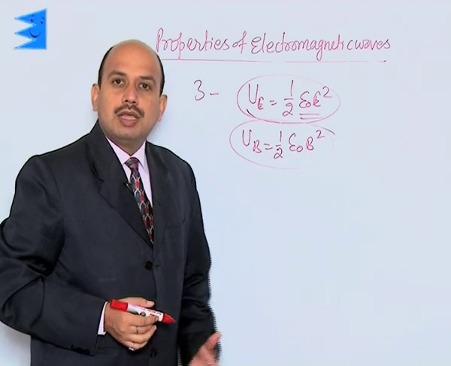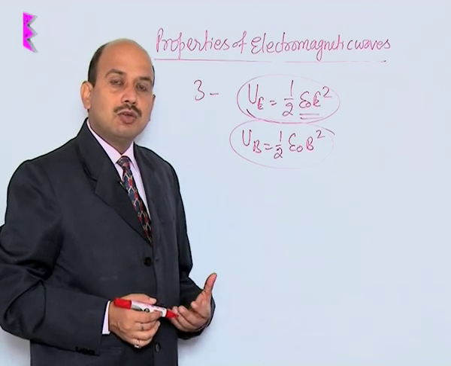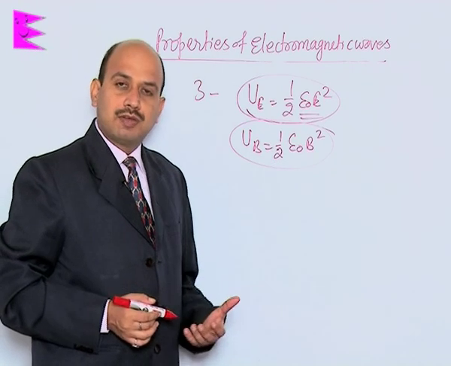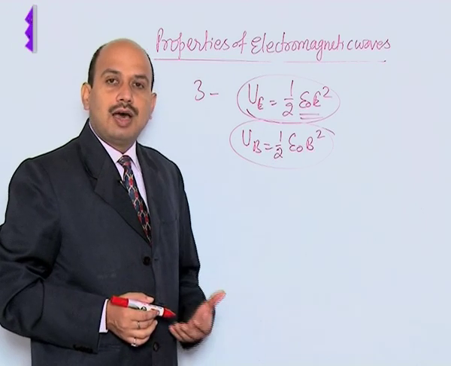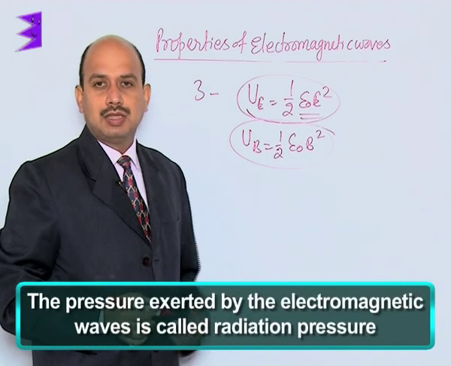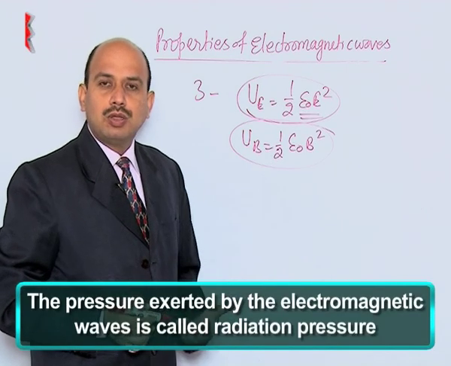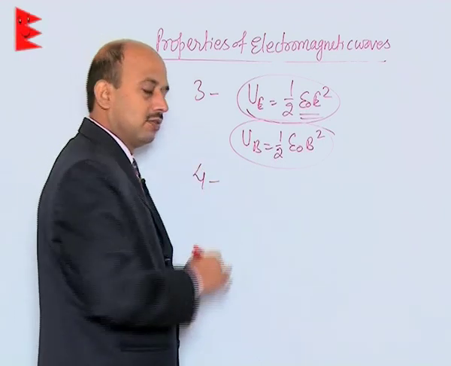And also electromagnetic waves carry momentum. So, when these electromagnetic waves strike a surface, they transfer some energy, and there is also a change in momentum, and some pressure is exerted by the electromagnetic waves, that is called the radiation pressure. So, that we can include as the fourth property here.